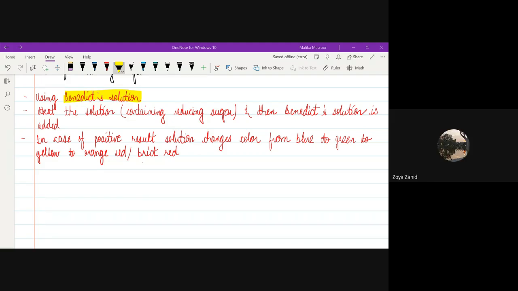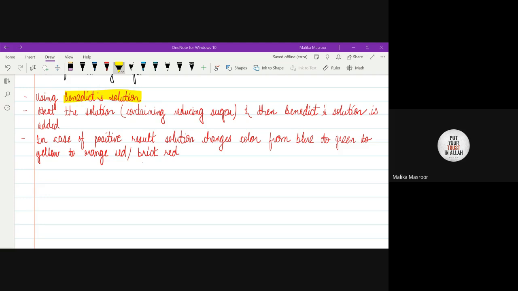Miss, is there a specific temperature and time that we need to heat the solution? You will do it in A levels, inshallah, when you practice the practicals. But obviously, you will not heat it at very high temperatures.